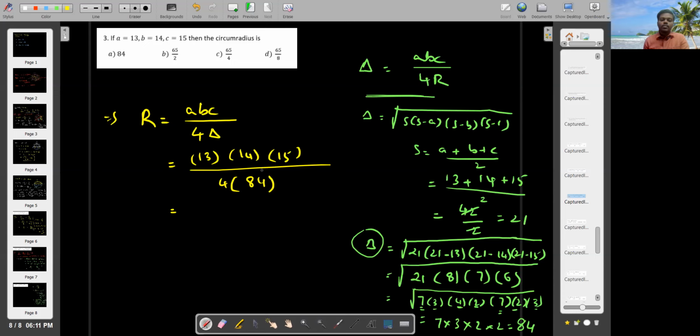So the result is: 14 ones are 14, 6 twos are 12... simplifying, 65 by 4 twos are 8. So 65 by 8 is the correct answer.